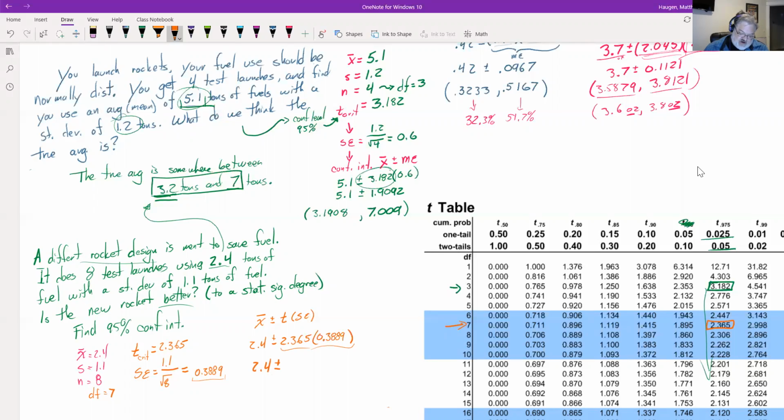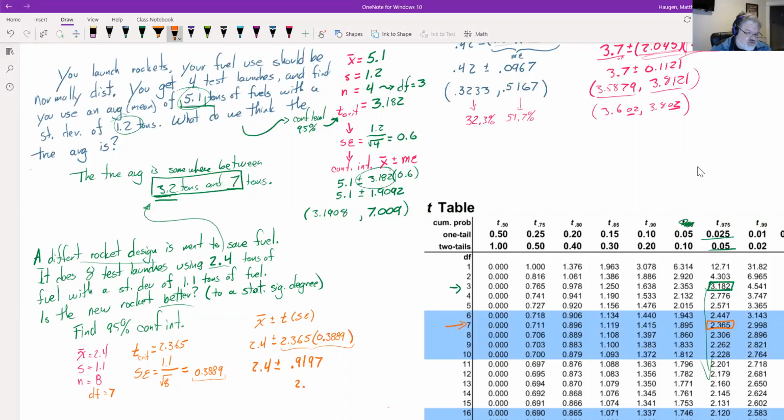Anybody got a nice margin of error there? Should be somewhere around almost 1. 0.9197. Yes, 0.9197. So that's pretty tight.